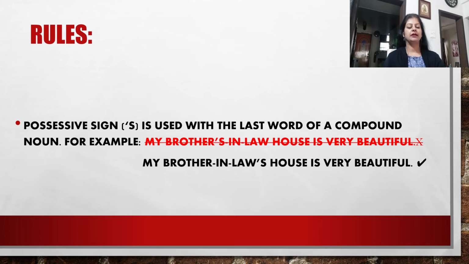For example, my brother-in-law. This is a compound noun. My brother's-in-law house is very beautiful. In the first sentence here I have used the apostrophe with brother, which is wrong. We always show the possessive sign with the last word in a compound noun. The correct example is my brother-in-law's house is very beautiful.